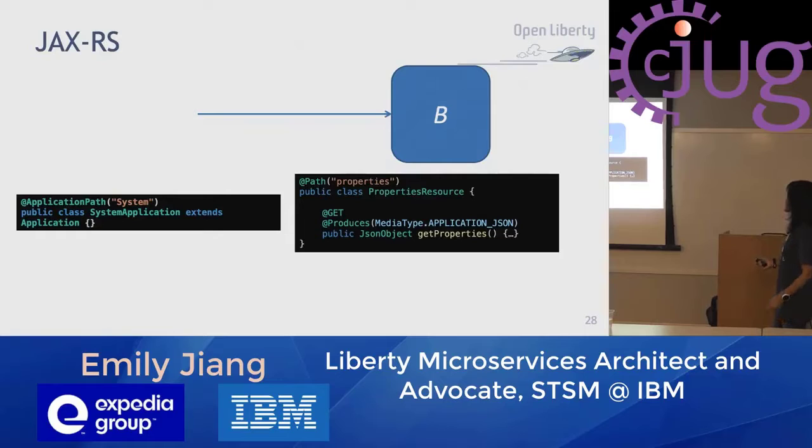For monoliths you might have many endpoints, but for a microservice, most of the time you just have one JAX-RS resource. Here the format is JSON, and the get property will be returned as JSON. When you poke this URL, which is a host and port and then system properties, you will get a JSON object back. So this is JAX-RS.